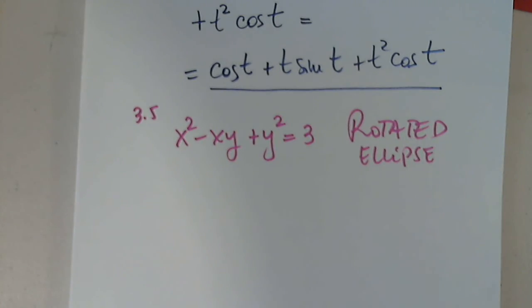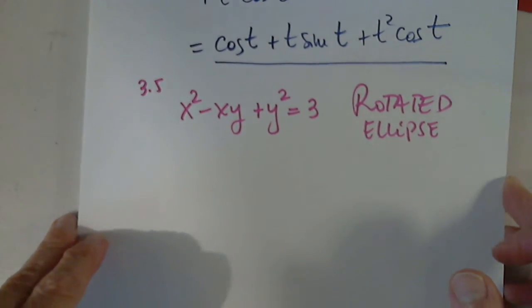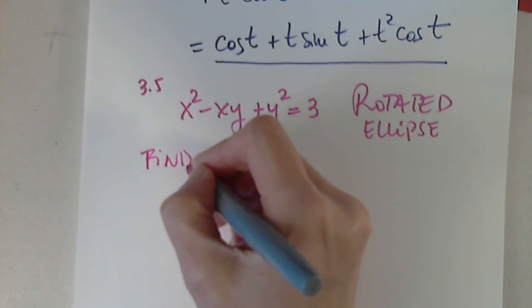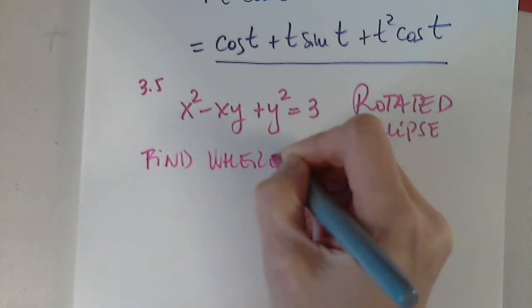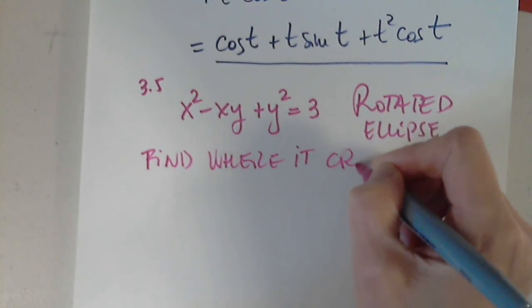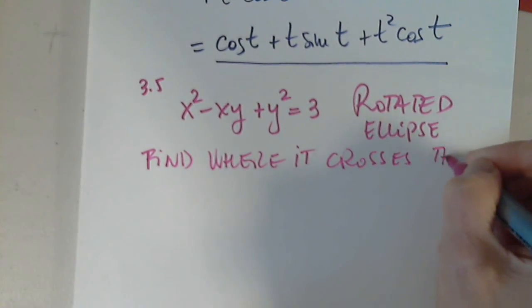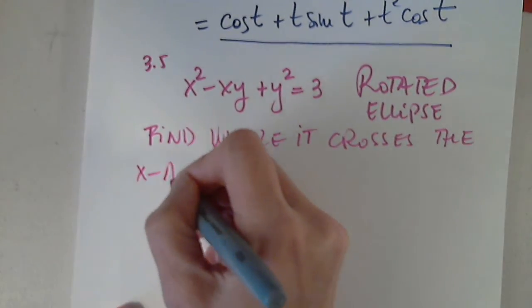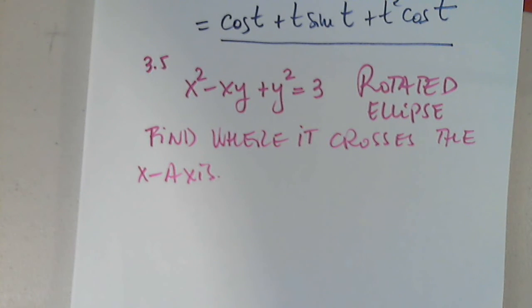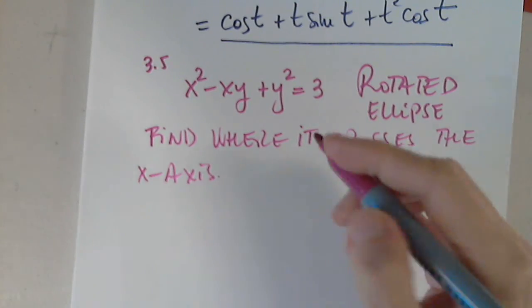That's fine. Find the point at which this ellipse crosses the x-axis. And then it says, show that the tangent lines at these points are parallel.